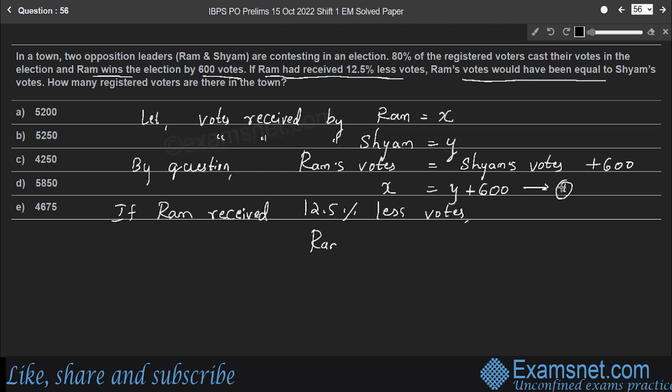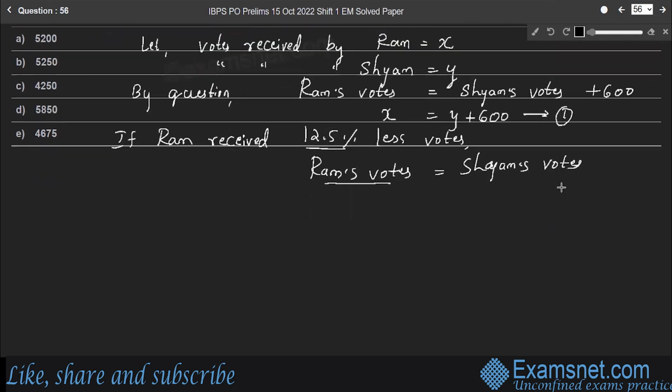So if Ram had received 12.5% fewer votes, what will be the number of votes received by Ram? 12.5% fewer votes means 100 minus 12.5 out of 100. Therefore, for X, Ram's votes will be 100 minus 12.5% of X, which is equal to Sham's votes.